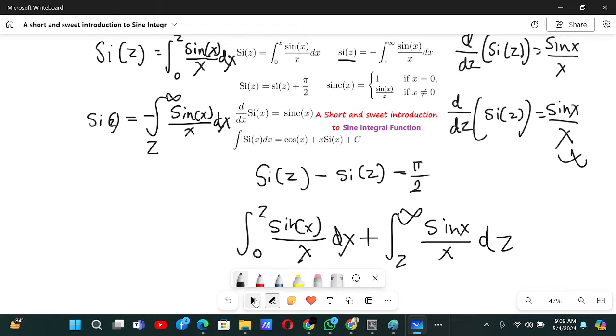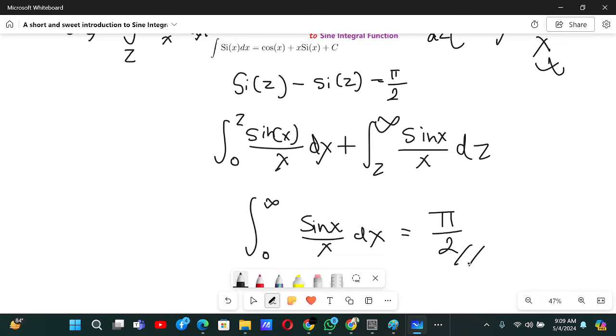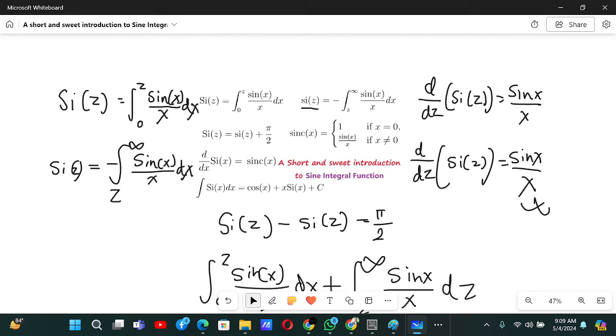Now if we add these two, we get the integral from 0 to infinity of sine x by x dx, which is a well-known integral whose answer is pi by 2. If you want the explanation for this, you can search YouTube for the integral from 0 to infinity of sine x by x, and there are a lot of videos on it already. So it's pi by 2.